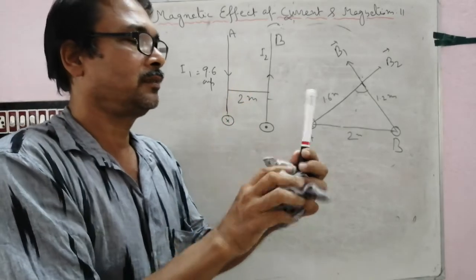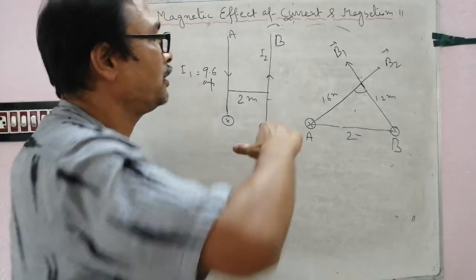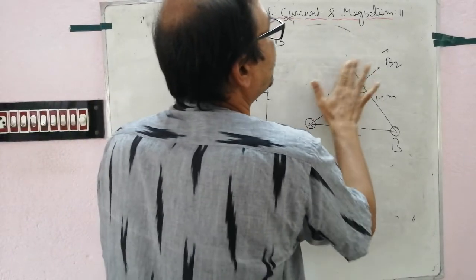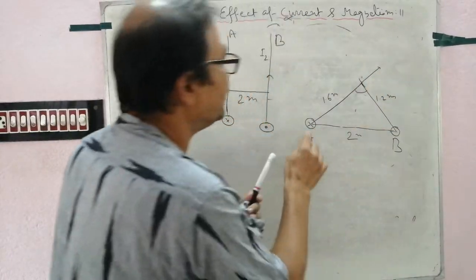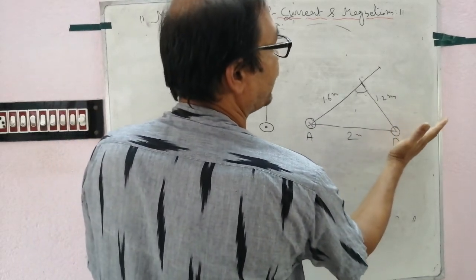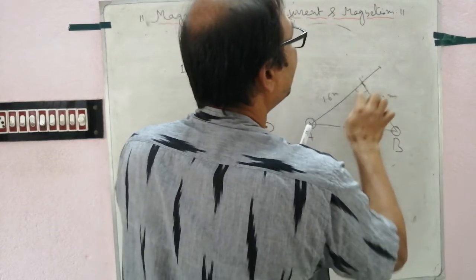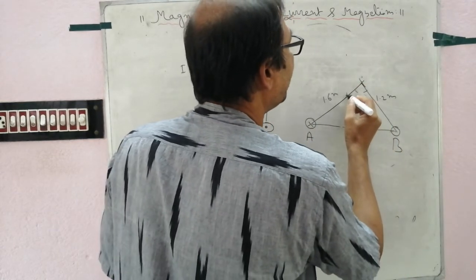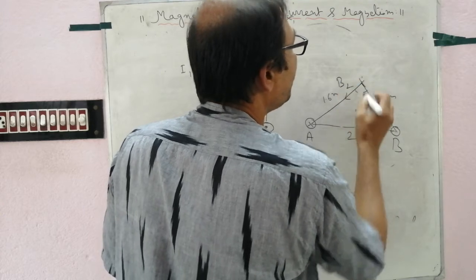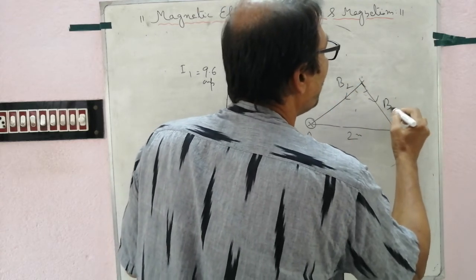For this portion, this is the first wire, the current is in the downward direction, and this current is in the upward direction. So this is the direction of B2 and this direction is B1.